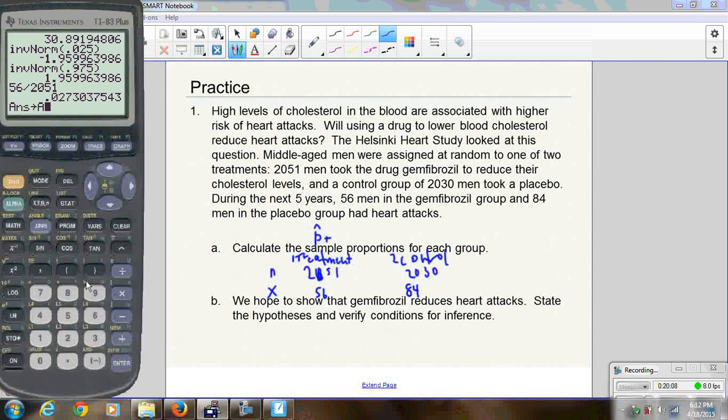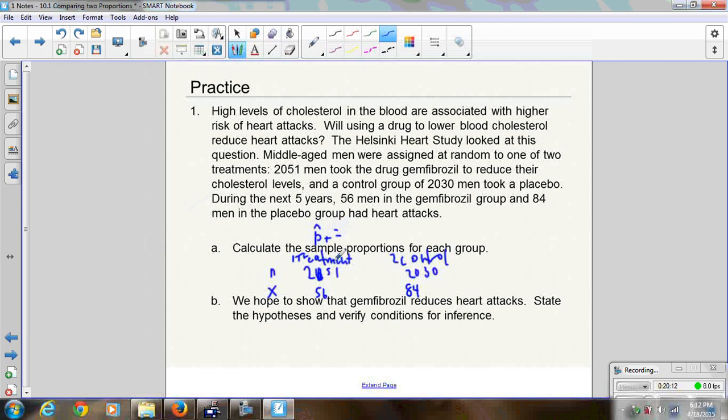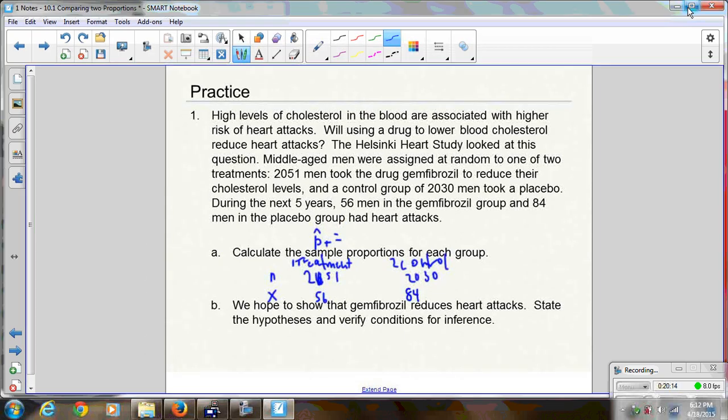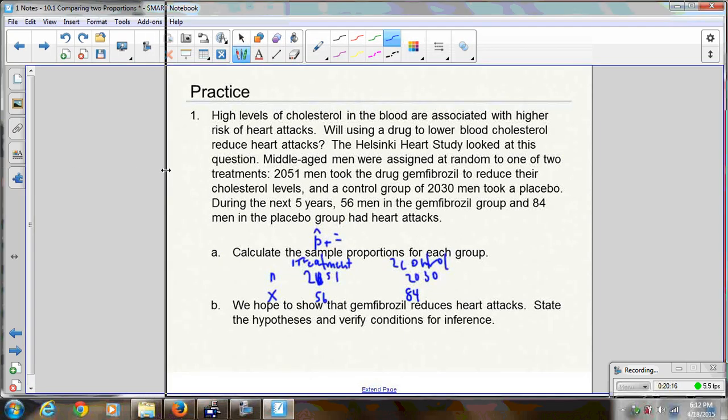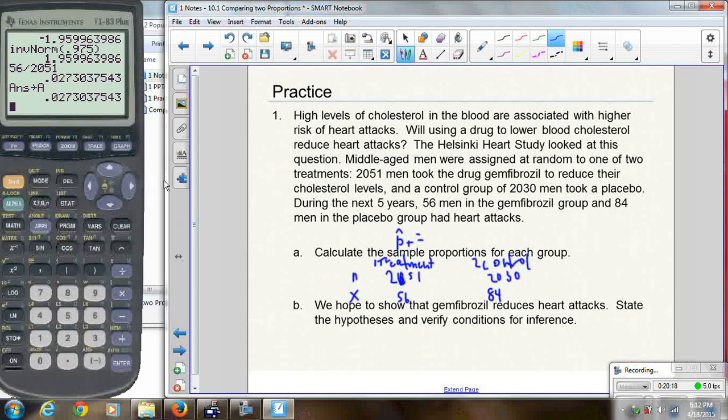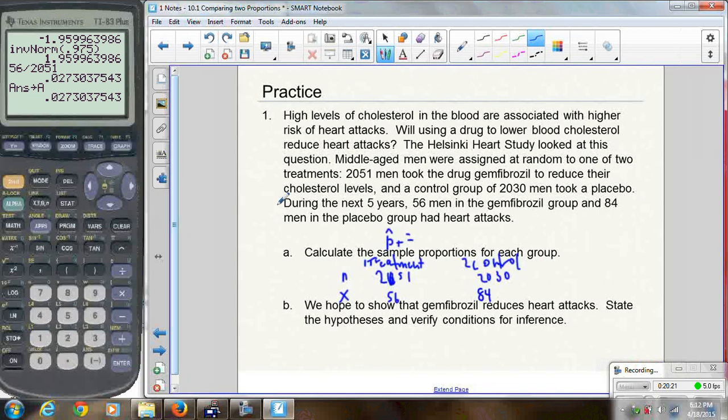I'm going to store that in alpha A. So my p hat for my treatment group was 0.027, and in parentheses, I'm writing that I stored it in letter A. And then the p hat for my control group is going to be 84 divided by 2030.